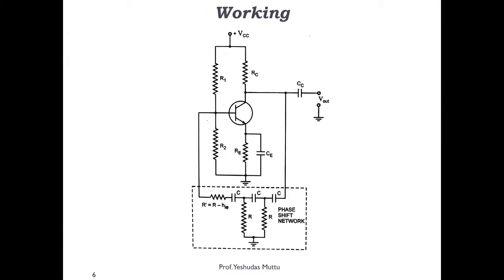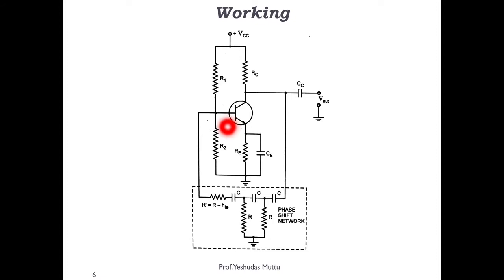Let's move to the working. To begin with, noise due to the transistor or fluctuations due to VCC will result in random variation of base current.